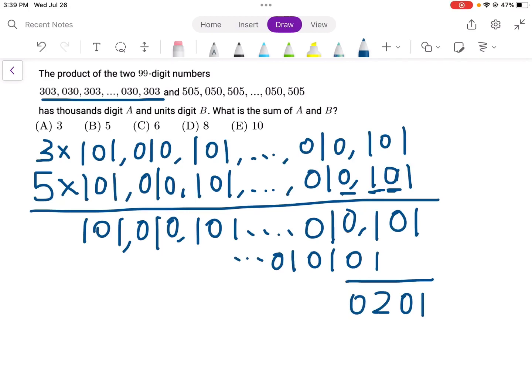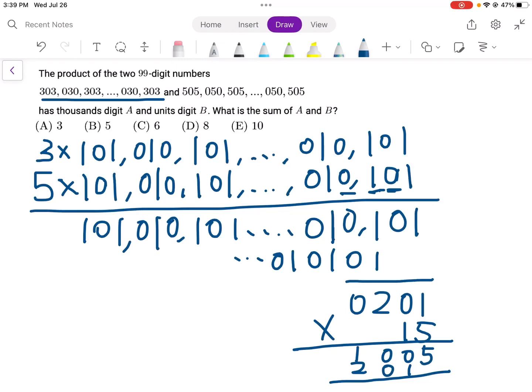Okay, now we can multiply this with 15, which is the multiplication of 3 and 5. So then we get 5 0 0, 1, and 1, 0, 2.